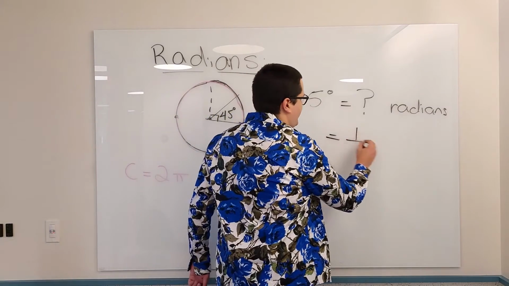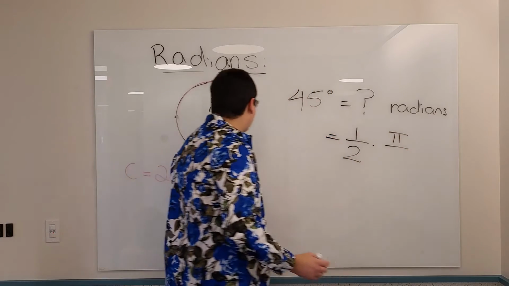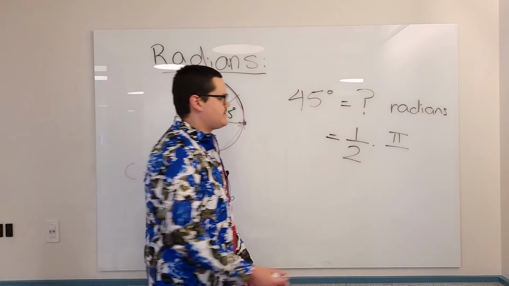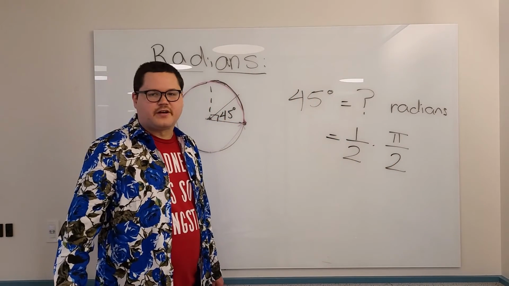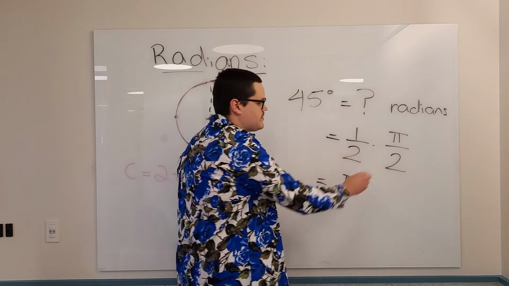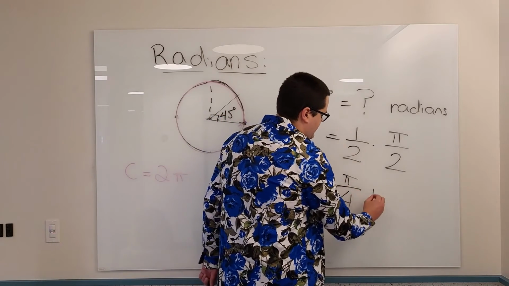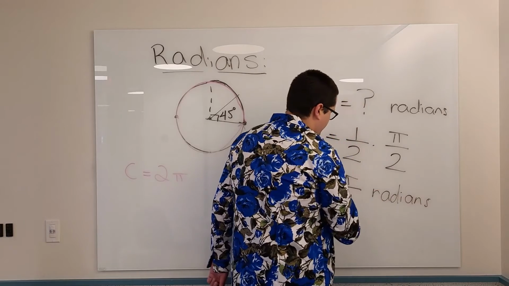So this is 1/2 of 90 degrees, which we saw before was pi over 2 radians. So let's multiply across. 1 times pi is pi. 2 times 2, that's 4. So that's pi over 4 radians.